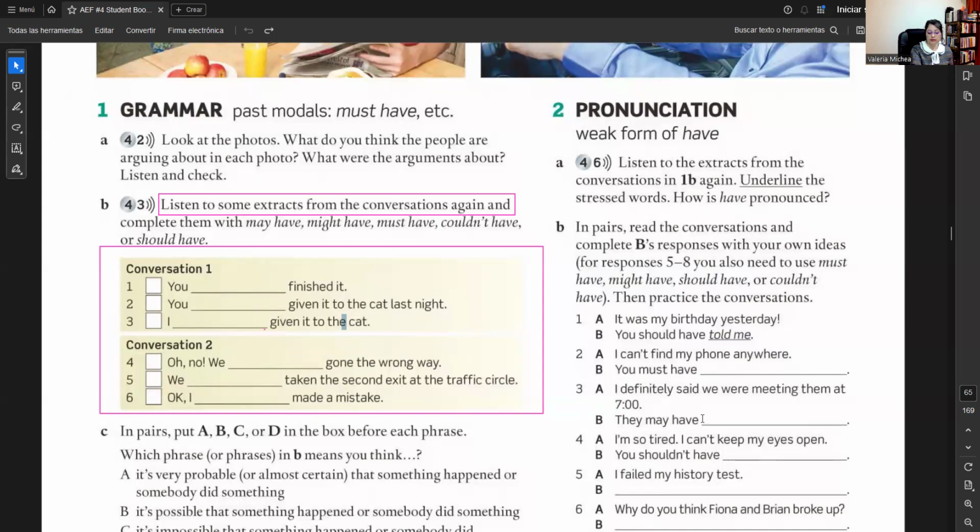Oh no. We must have gone the wrong way. Of course we've gone the wrong way. We should have taken the second exit at the traffic circle. What's the point of having a GPS if you don't do what it says? Okay, I may have made a mistake. But if you knew the way to your cousin's house, then we wouldn't have to use the GPS. Turn around as soon as possible.